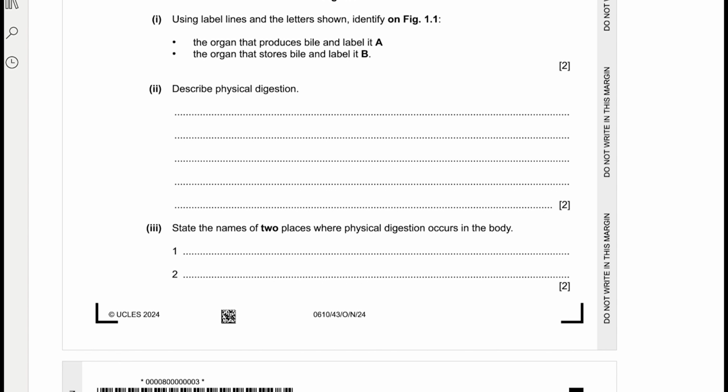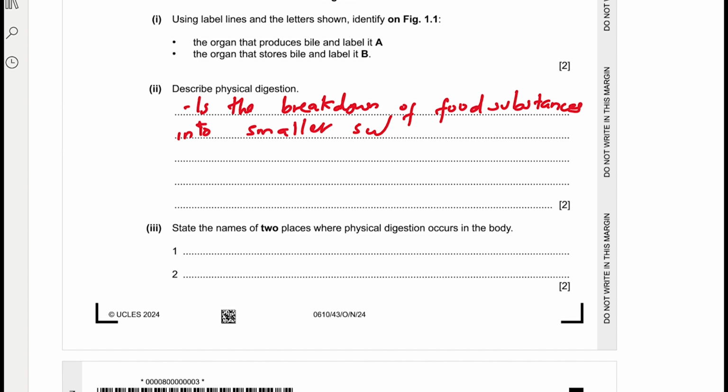So this is the breakdown of food substances into smaller substances without chemical change. All right, so food is being broken down but without any chemical change. So this is what can be defined as physical digestion.